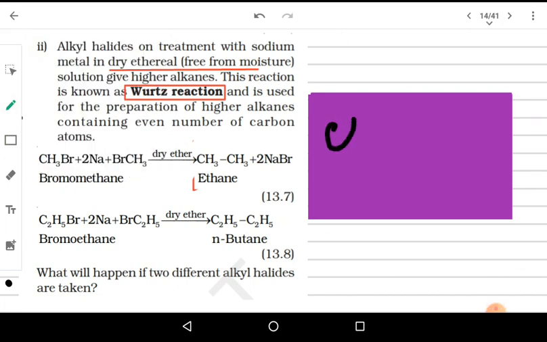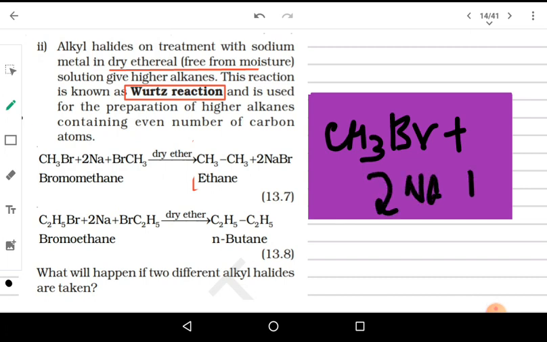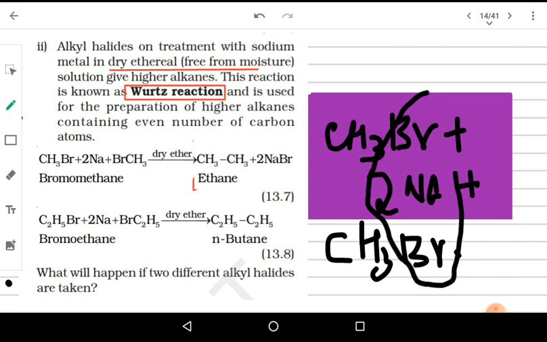Let us take CH3Br plus a metal, that is sodium. So we will take two molecules of sodium and another molecule of the alkyl halide, that is CH3Br. So we can remove this NaBr like this and we can join this CH3 and CH3. So that is the mechanism.